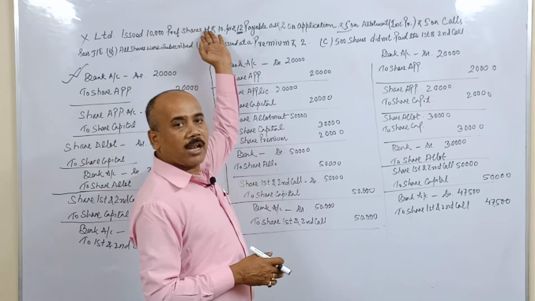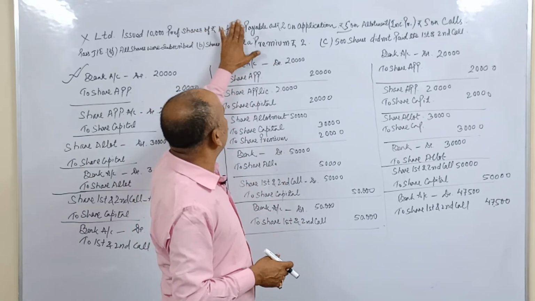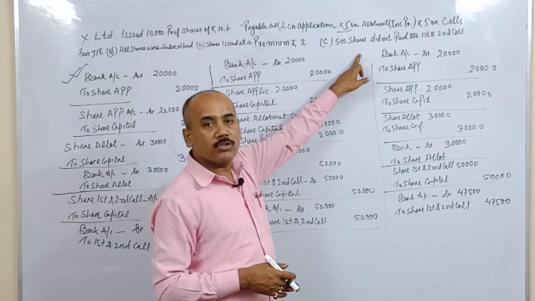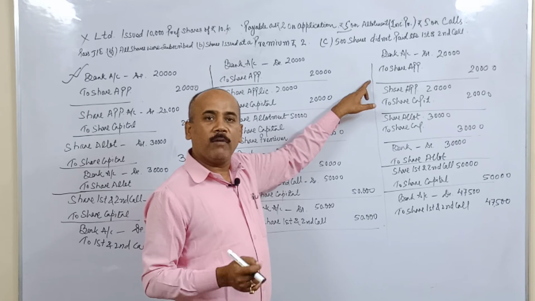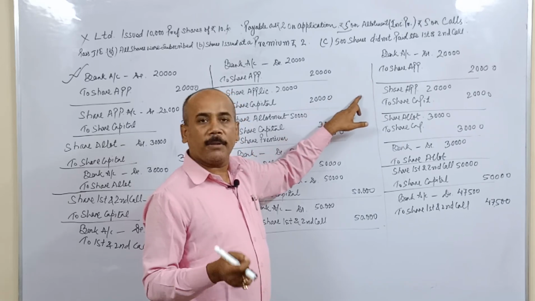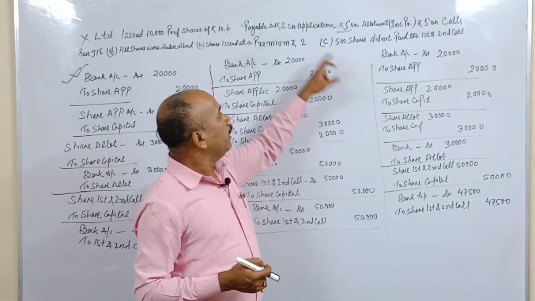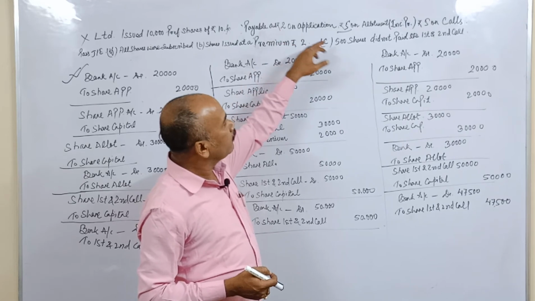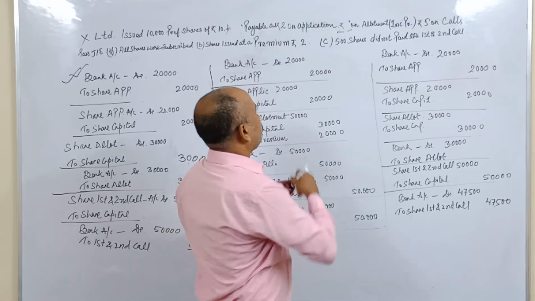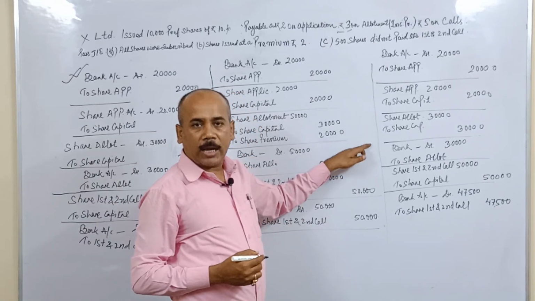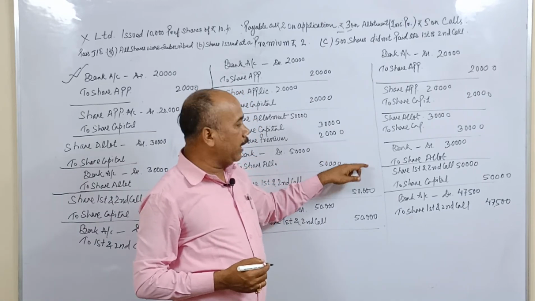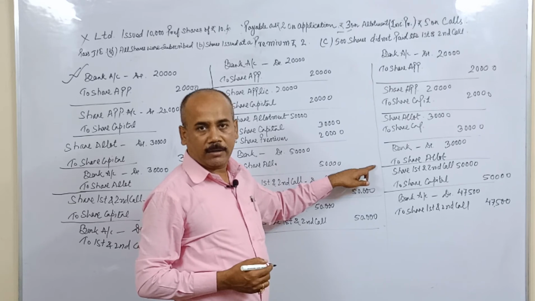The 10,000 shares are issued of rupees 10 each. 10,000 into 2, 20,000, bank to share application. The company will make the entry for conversion of share application to share capital. Allotment is rupees 3. The entry will be share allotment to share capital, and for receiving the allotment amount, bank account debit to allotment.